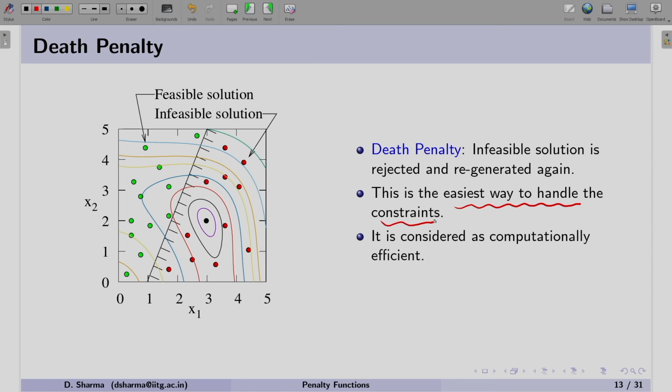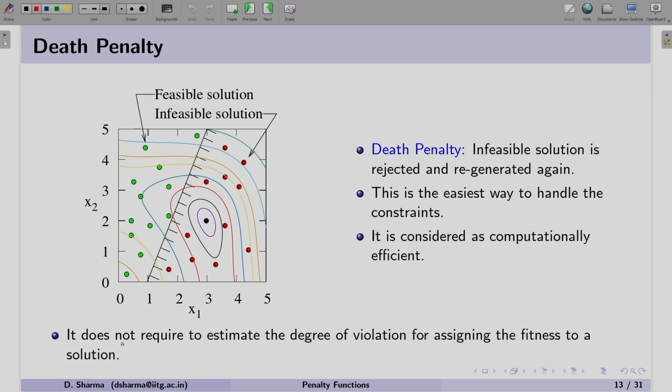Moreover, we are not looking at a penalized function, so we can say this is computationally efficient in a way, as it handles feasible solutions only. Moreover, it does not require estimating the degree of violation for assigning the fitness to a solution.